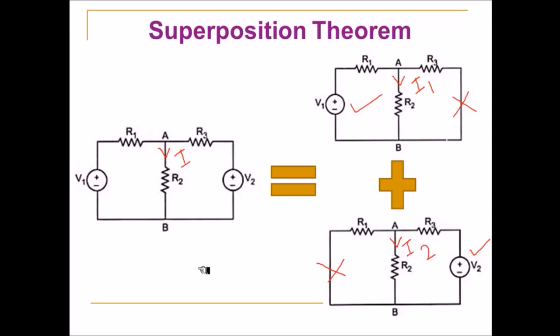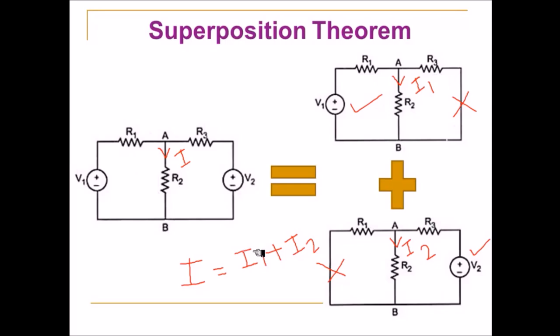Then as per superposition theorem, the net current or the effective current due to both sources V1 and V2 is equal to the current due to V1, that is I1, plus the current due to V2, that is I2. So as per superposition theorem, the net current due to multiple sources is equal to the algebraic sum of the currents due to each independent source.